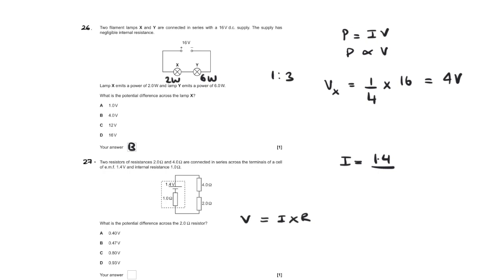The total resistance includes the internal resistance as well, all connected in series, so it's going to give me 7 ohms. That will therefore give me 0.2 amps of current, for which the voltage will become 0.2 times 2, i.e. 0.4 volts. So A is going to be my answer.